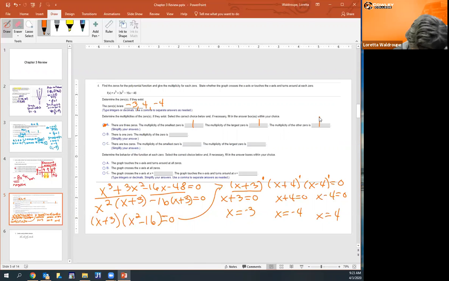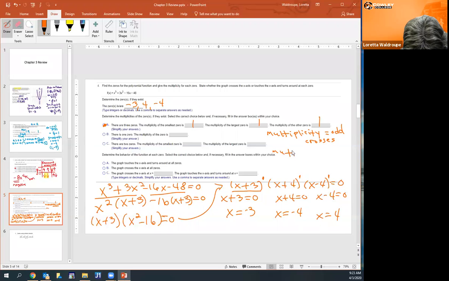And the last thing asks, what do they do at that 0? Does it touch the x-axis and turn, or does it cross? Okay, if your multiplicity is odd, the graph crosses.